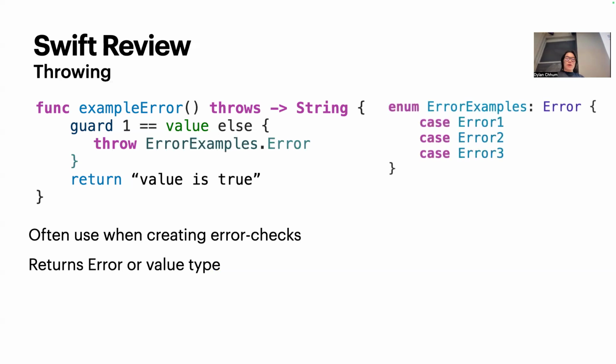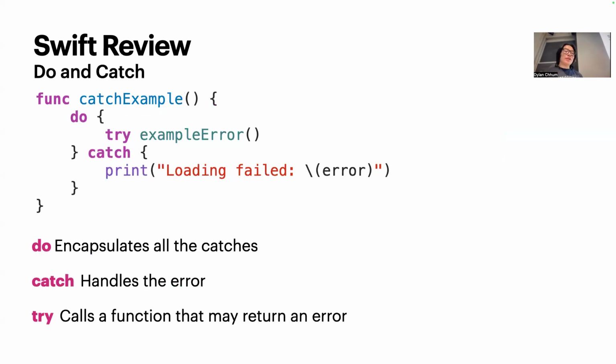So once again, we have our throw. Our throw can throw an enum error, and then you have a list of errors that are possible. Then we also have our do, catch, and try. The whole point of the do is to encapsulate all the catches. The try works on a function and says, hey, potentially that function could return an error.